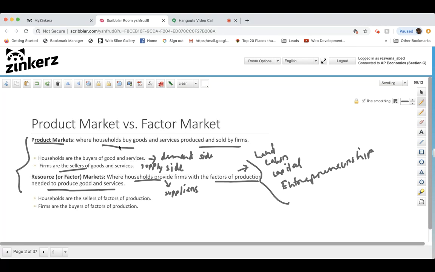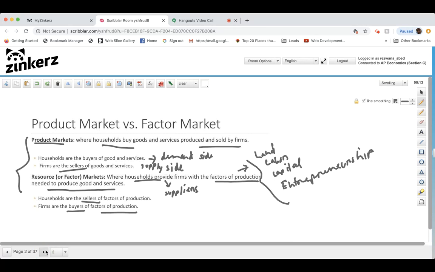This is something that we have basically ignored so far. So in the resource market, households are the sellers because they're selling factors of production, and firms are the buyers because they're buying these factors of production.